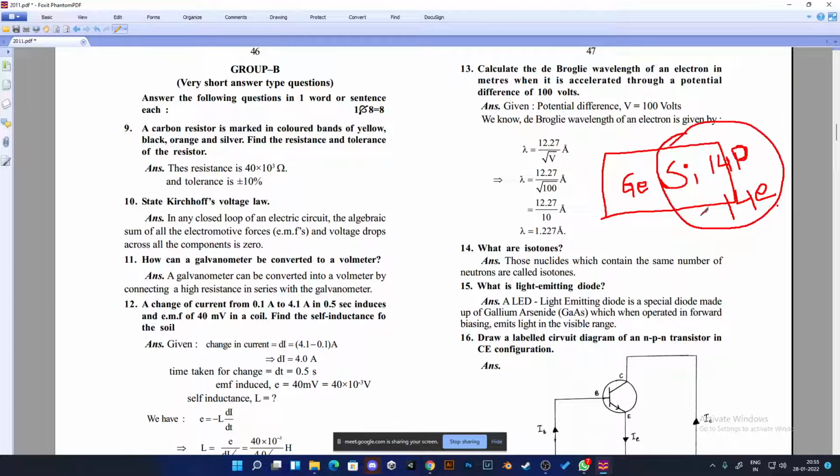Neutral. If silicon really loses one electron out of its system, then silicon will become what charge? Positively charged, no? Yes, sir. But do you realize, does it throw the electron entirely outside, or does it still remain inside the silicon crystal?